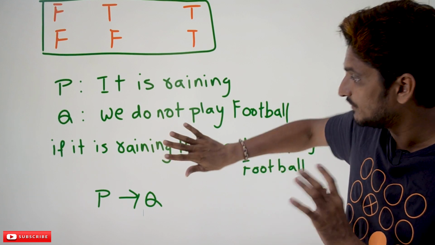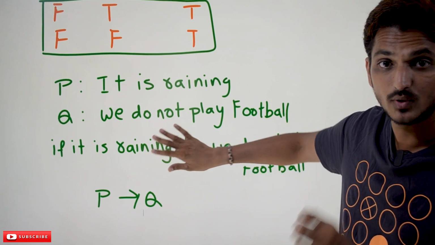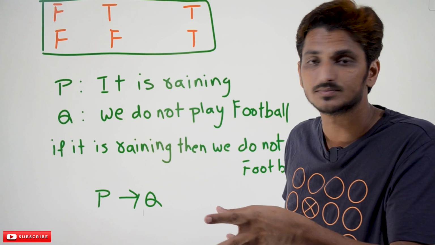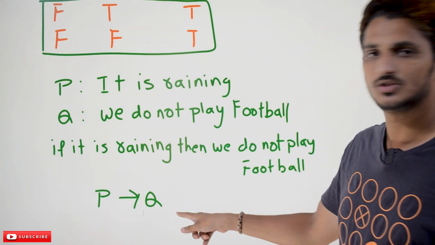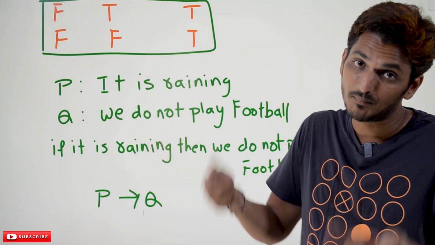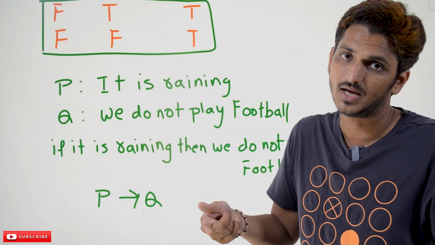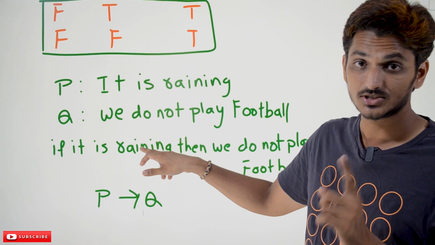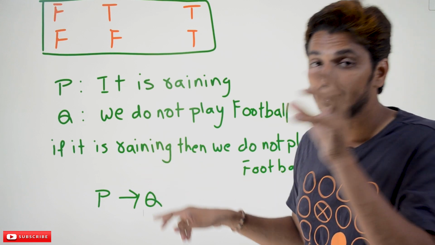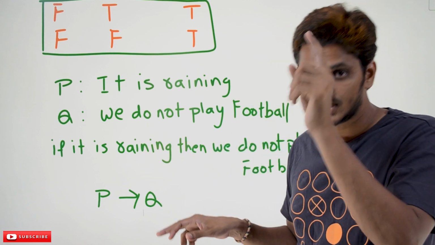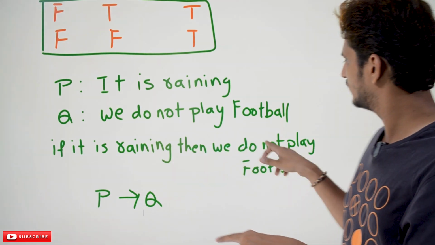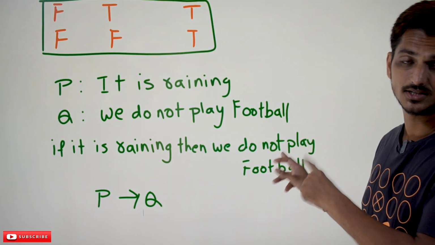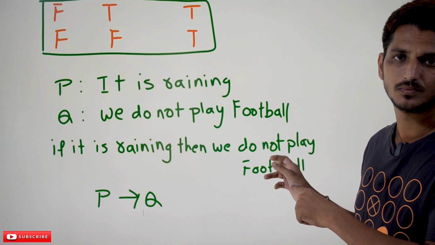So for this statement we can apply implies, meaning P implies Q. Why can we apply implies for this statement? This statement is saying only about if it is raining. If it is true, then we do not play football. This is going to be true.